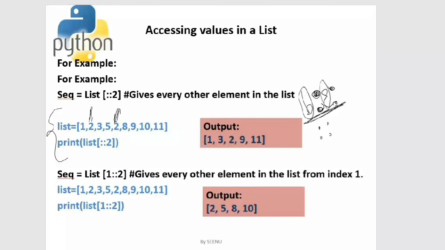The first element of the list is 1, so 1 is printed over here. Since stride is equal to 2, it will skip this 2 and print the next character, which is 3. Then it skips this 5 and prints the next character, which is 2. Then skipping this 8, it prints 9. And skipping this 10, it prints 11 over here.